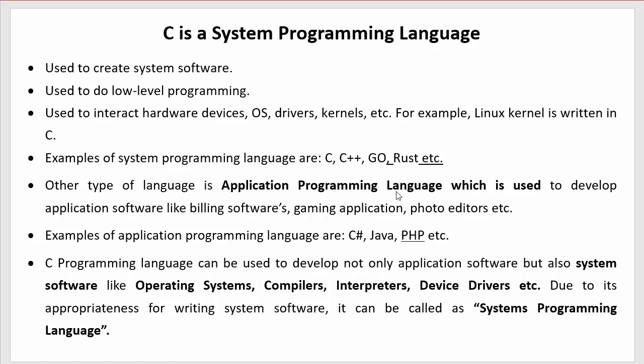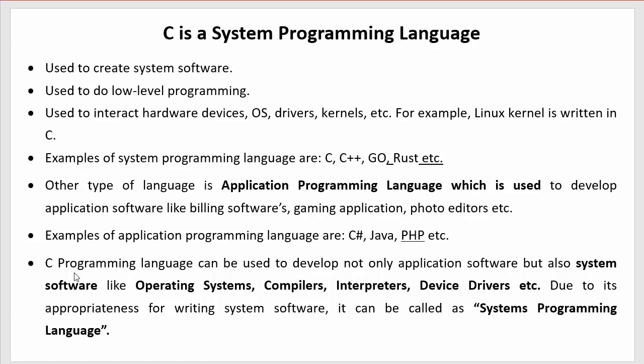Software like Notepad, MS Office, billing software, gaming applications, Photoshop. These are the applications which users use on a daily basis to perform their day-to-day tasks. So these are called application software. To develop these types of application software, we use other programming languages like C#, Java, PHP.